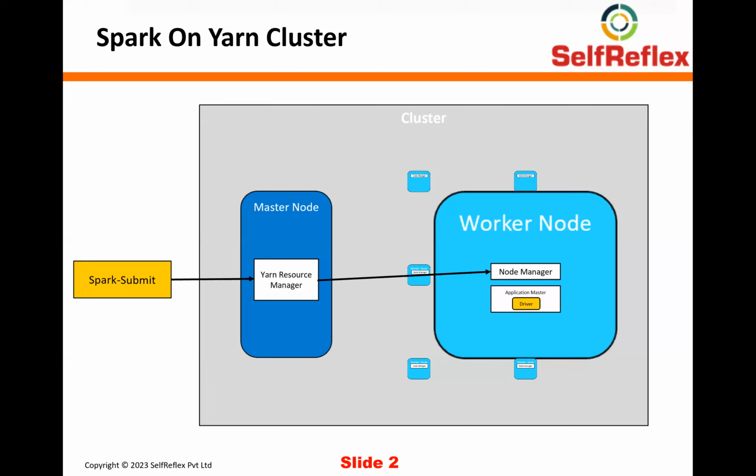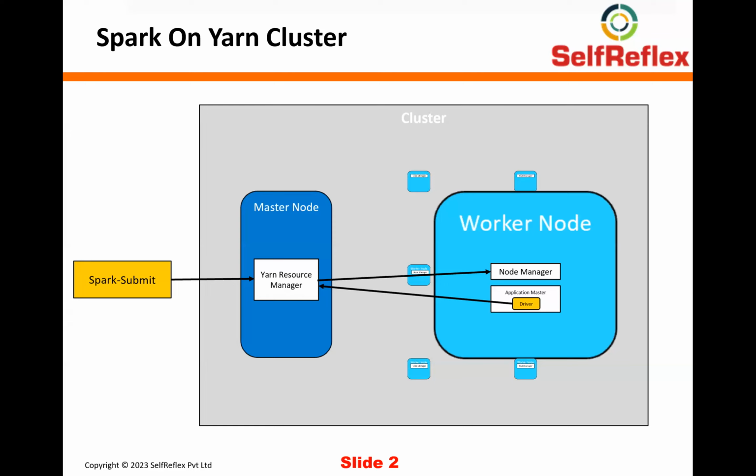The driver of your application gets launched inside the application master container. When the driver gets launched, it's the responsibility of the driver to ask for more resources, because now the driver knows how many resources it needs and what kind of workload it has. Based on your driver code, it figures out the resources that are needed, and then goes back to the Yarn resource manager to ask for those resources.